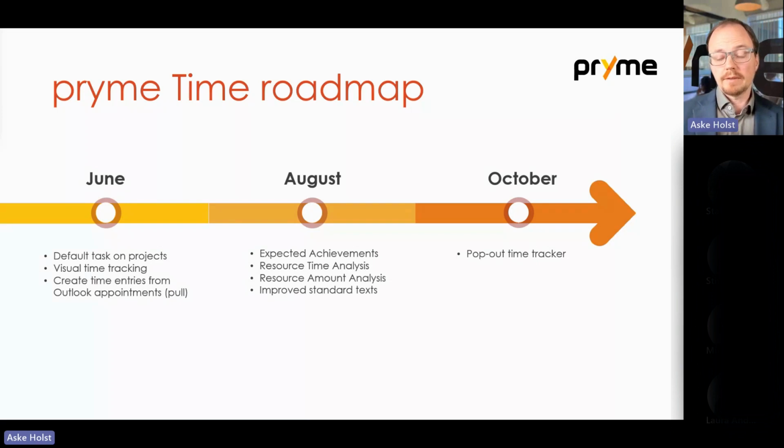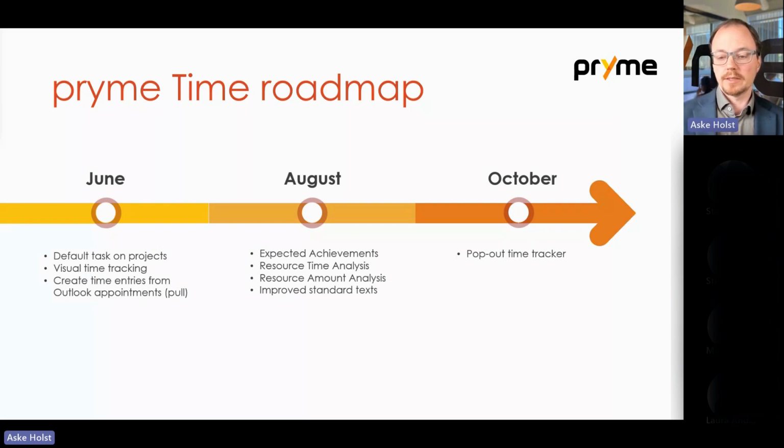Of course, we already have the capability to create time entries from Outlook, but currently it's a push model where you have to go into each of the appointments in Outlook and say, I would like to create a time entry from it. Here we're looking at a pull model where people, and maybe those that are tracking a bit behind when they actually did the work, can say, this was my calendar, and I want to take this appointment, this appointment, and this appointment, and put it onto my timesheet in one go.